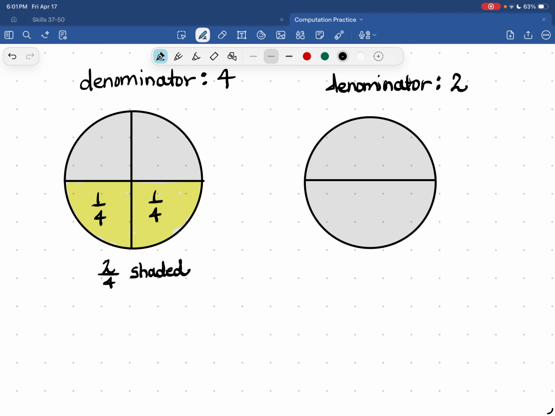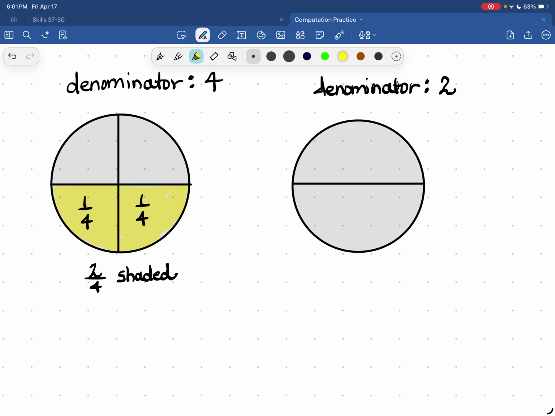And if I want this one to match the other 2, I need to color this bottom half. So this pizza would only feed 2 people, but it would give them plenty of pizza because the pieces are bigger. As that denominator gets smaller, the pieces get bigger. So here is 1/2, and that is 1/2 shaded.